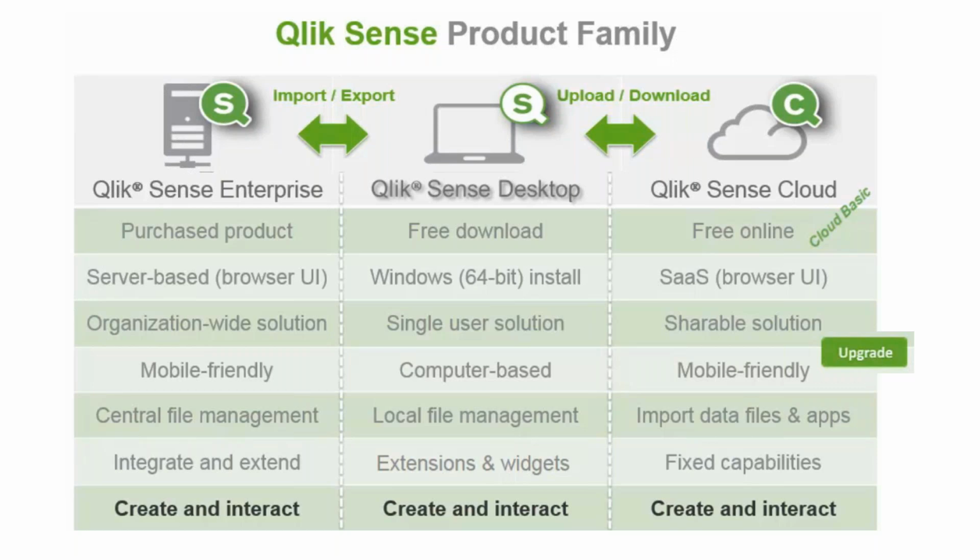So if it is a small business and he says, I just need it for 10 GB of data and for 5 users, this is only my requirement. I don't want a full setup of Enterprise, and I cannot afford to maintain it at my end. So I'll go for Qlik Sense Cloud. I'll just pay like for any other cloud application.